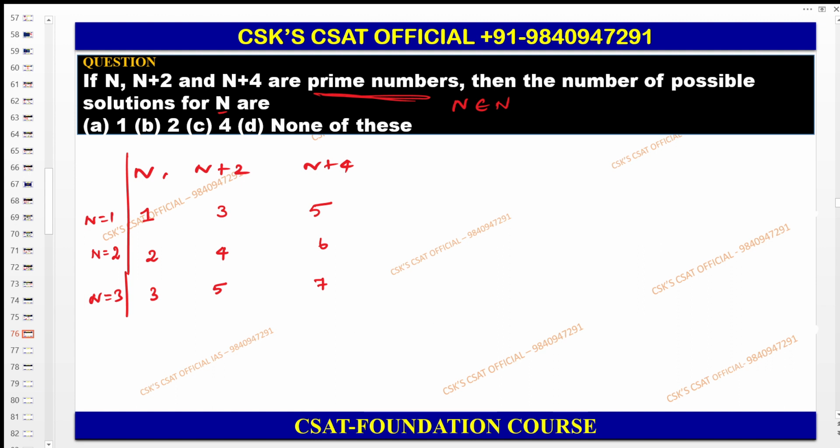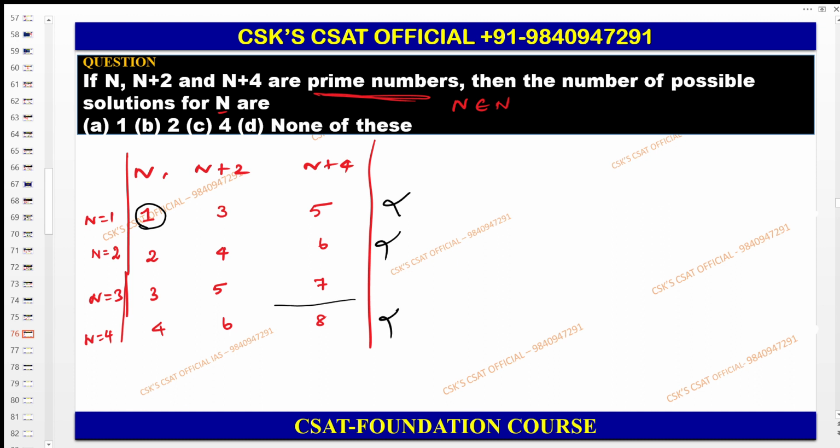Now n is equal to 4, what will happen here? 4, 6, 8. Fine. Now with this itself we can go with the solution. Those who gave the answer as 2, remember 1 is neither a prime number nor a composite number, therefore you cannot take this one, it is eliminated.